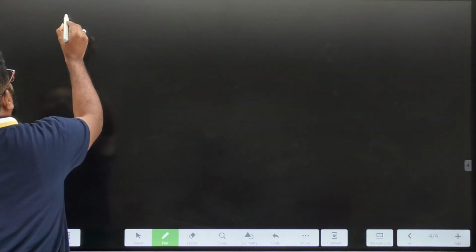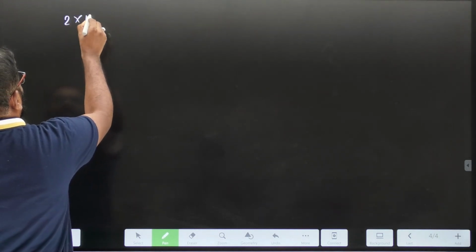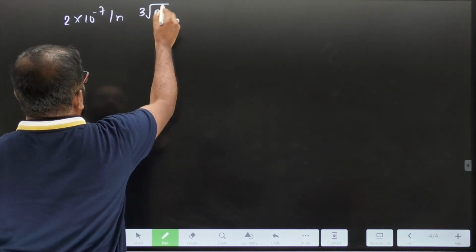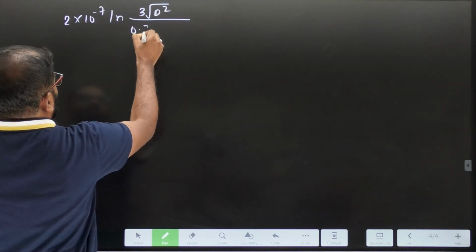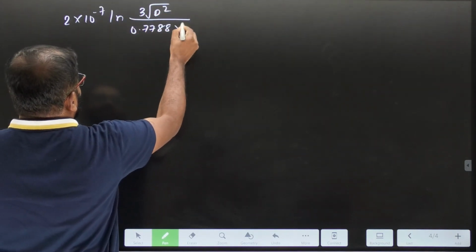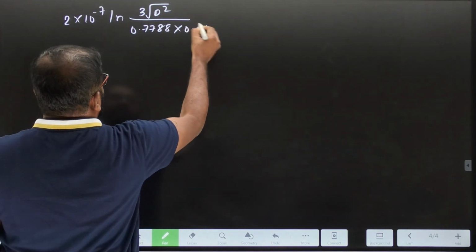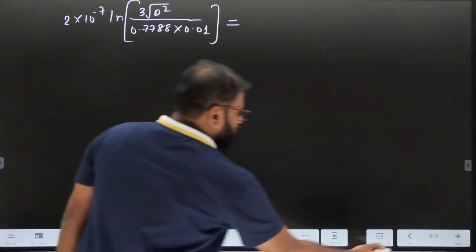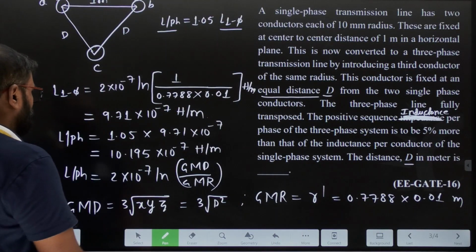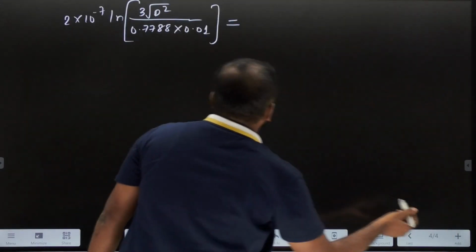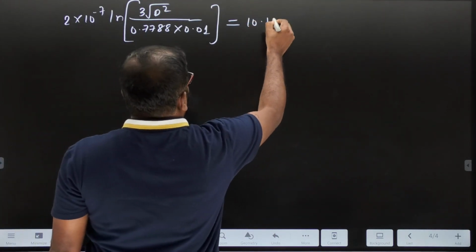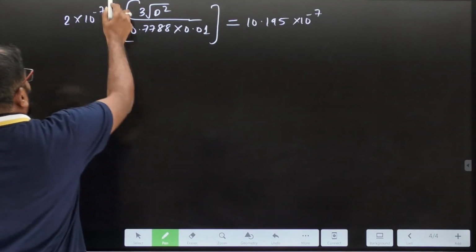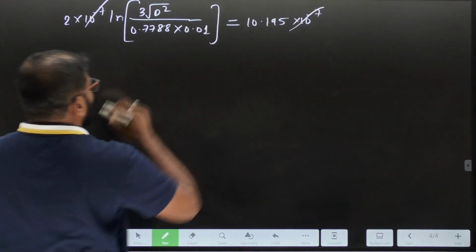So 2 into 10 power minus 7 ln of GMD, GMD is cube root of D square, by 0.7788 into 0.01. Now this is equivalent to what we already did, 10.195 into 10 power minus 7. So 10 power minus 7, 10 power minus 7, cancel it.